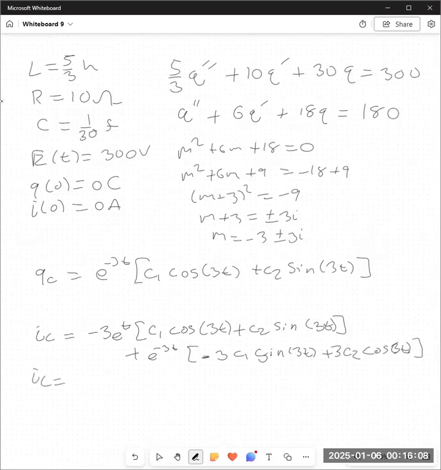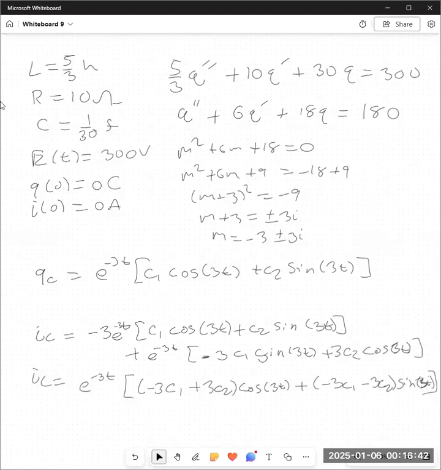So I of C is going to be equal to e to the negative 3t times, then this is going to be negative 3C1 plus 3C2 cosine of 3t plus negative 3C1 minus 3C2 sine of 3t, like so.